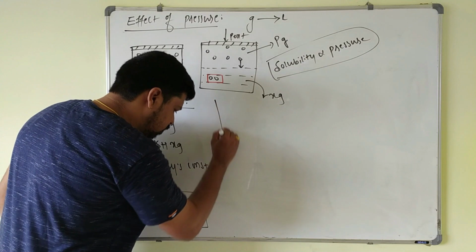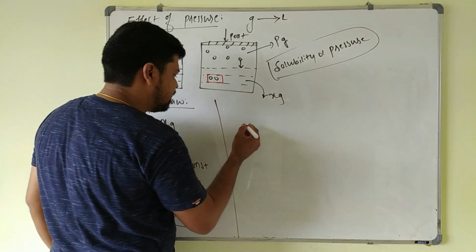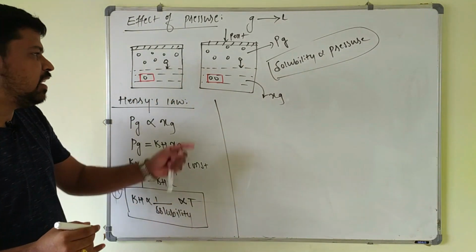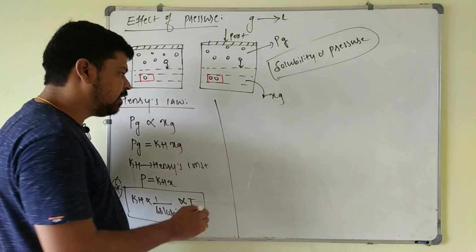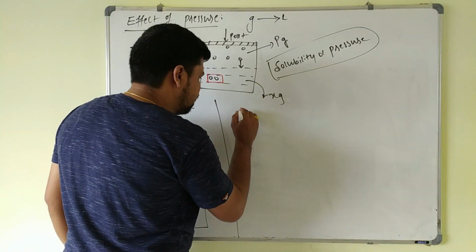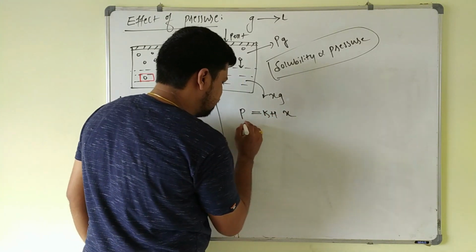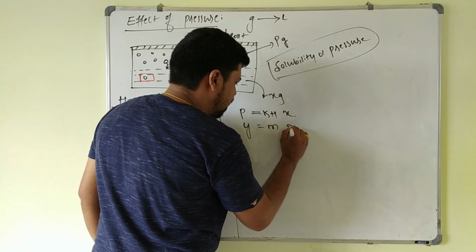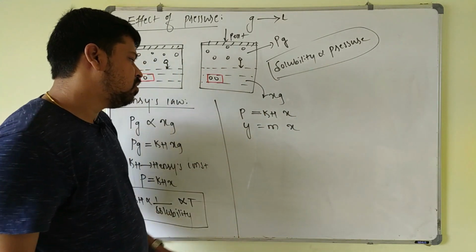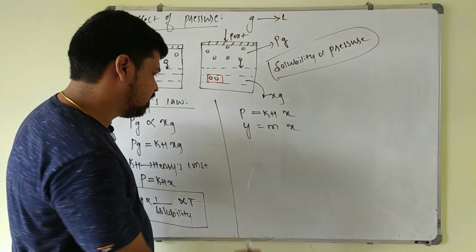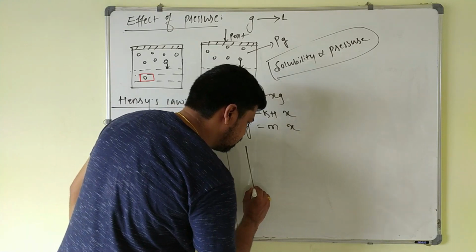Next, if I take an example of the partial pressure of HCl gas dissolved in the liquid, that is water, we take P is equal to KH into X. It is in the form of y is equal to mx here. M is nothing but the slope, which will be KH here. So the graph will be a linear graph.